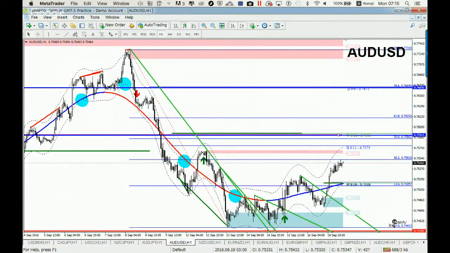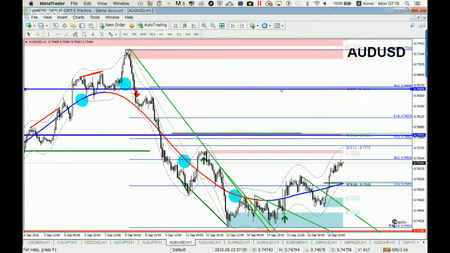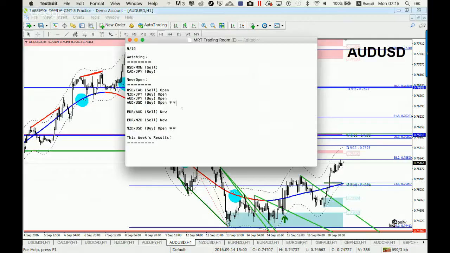Our initial profit target is the monthly pivot. I think that's fairly easy for this pair to reach. Monthly pivot at 0.7592, and the final profit target is the 78.6% Fibonacci retracement level. So that is still open.